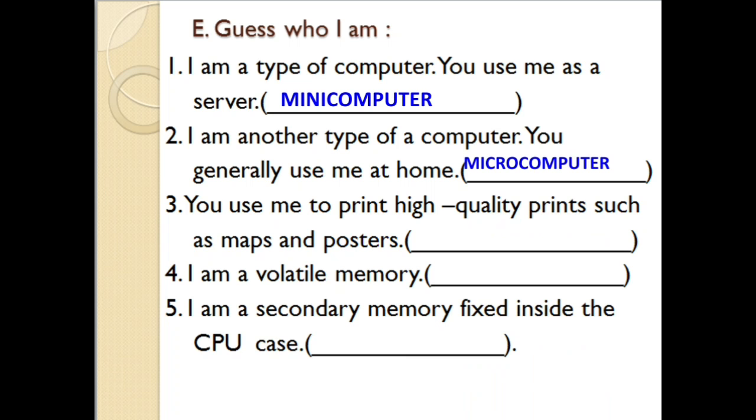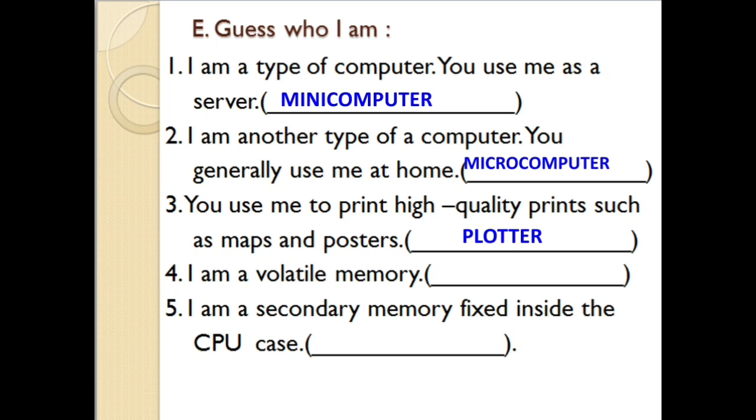The next one: you use me to print high quality prints such as maps and posters. So big maps and posters we have to print. The name is plotter. So plotter is a printer which prints a map and a poster.